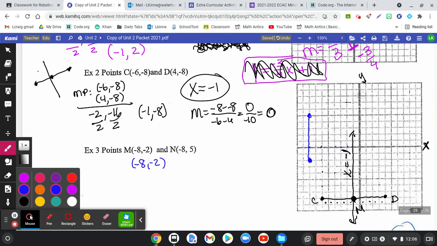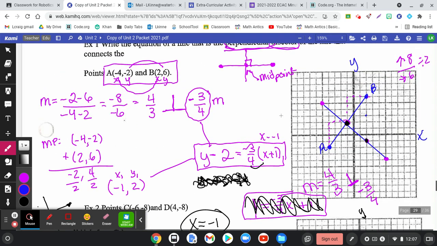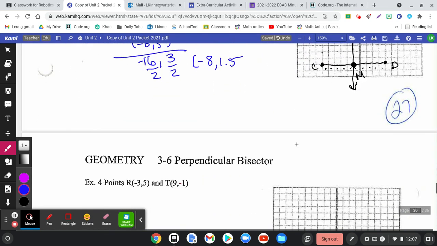Find that midpoint. -16 and 3. Cut it in half. So it's point -8, 1.5, which would be right there. So if I draw the perpendicular bisector, it's hitting only the y-axis, so it's just y equals 1.5.